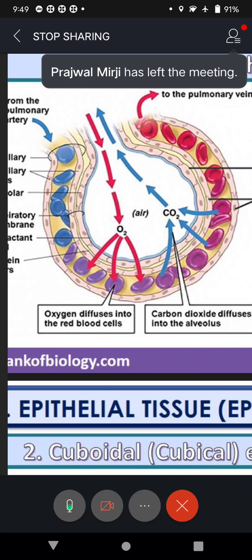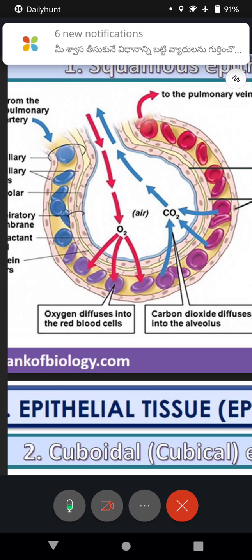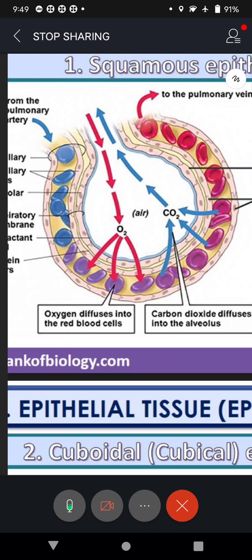So hemoglobin combines with this oxygen, becomes oxyhemoglobin, and presence of oxyhemoglobin makes the blood pure. Similarly, when carbon dioxide is there in the blood, in the absence of oxygen, carbon dioxide enters into the RBC, and hemoglobin now has no choice but to accept CO2 in the absence of oxygen.